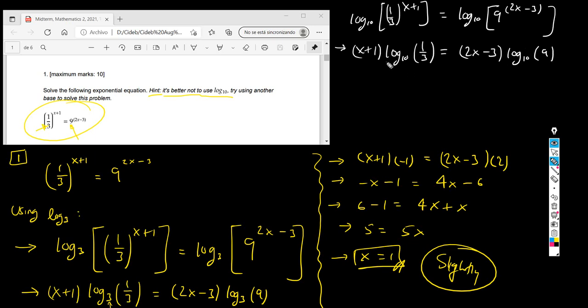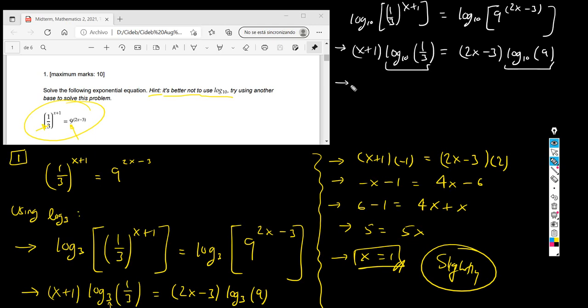Okay, and at this point you can see once again the usefulness of using logarithm base 3 for this particular problem, because in here you cannot calculate easily the logarithm base 10 of 1/3, neither the logarithm base 10 of 9. That doesn't create much of a problem, but that's what I meant by saying that it's better not to use logarithm base 10, because it's just a little harder to solve it in this way, but we still can solve it.